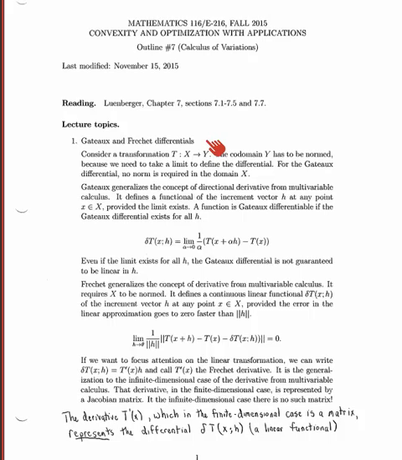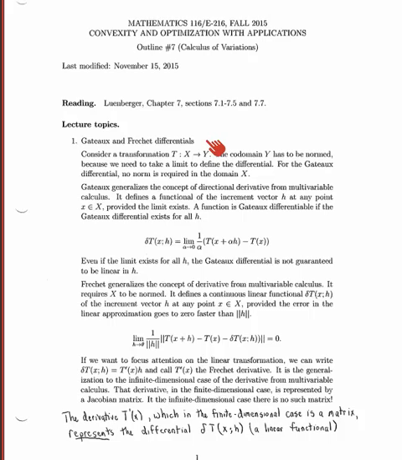It means more than just having partial derivatives. If the directional derivative is a linear function of the partial derivatives, then the function is differentiable. And that idea generalizes to the Frechet differential, which we're actually not going to need.